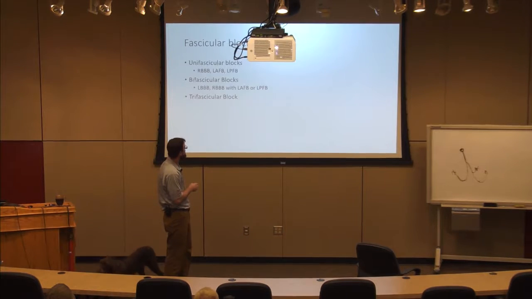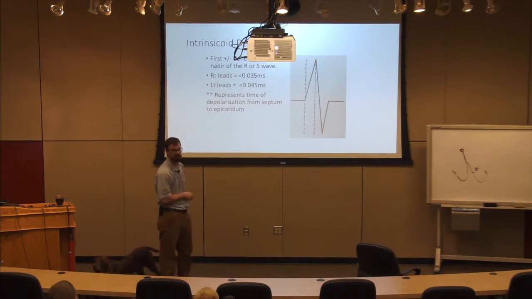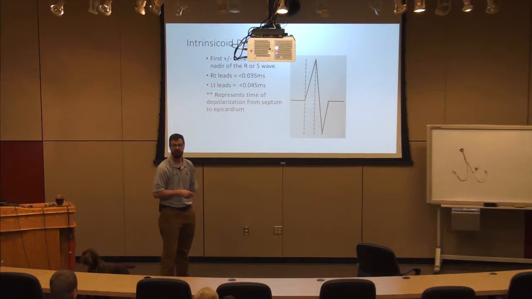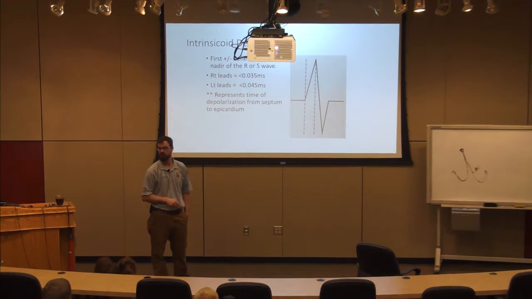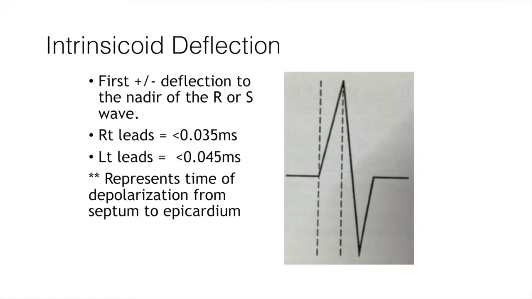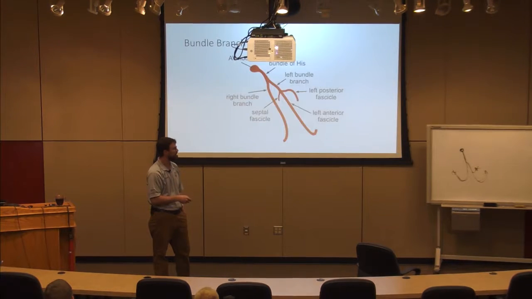Now, back in here, I had this picture of what's called an intrinsicoid deflection. It's the beginning of the QRS cycle, the very beginning. When I look at a bundle branch block, half of my conduction pathway is fast. The slower half shows up on the back end.